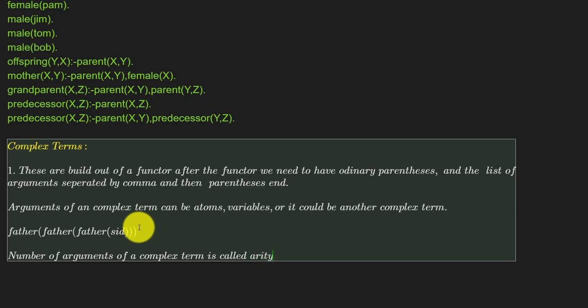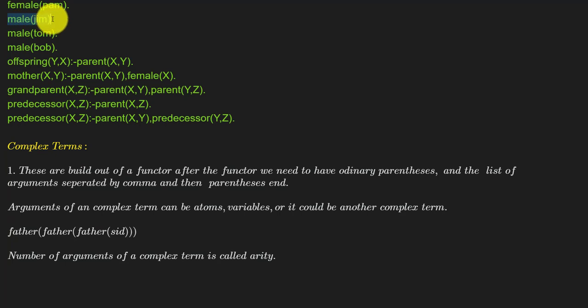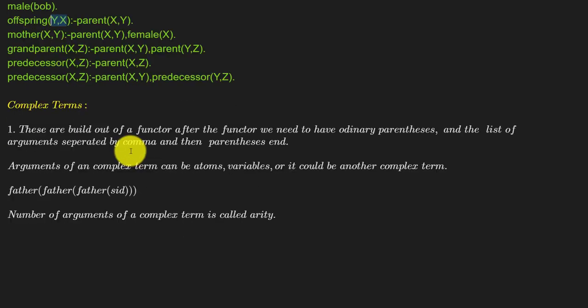If you see this particular complex term, it has a single argument, it's called one arity. This particular complex term has two arguments, it's called two arity, something like that. Now as I said, two different complex terms can have the same name but a different number of arguments.